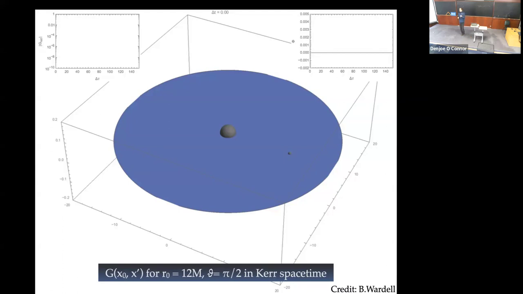This is a numerical calculation of your Green function, where your source is on the equator at r equals 12M in Kerr spacetime, and you've got all these different field points on the equator, as time evolves. You can see your black hole here in the middle, and then you have a dot here, which is where the initial impulse is. You can think of the Green function as the value of the field due to an infinite impulse at one particular point in spacetime. That's where that impulse happens, and then the field just propagates.